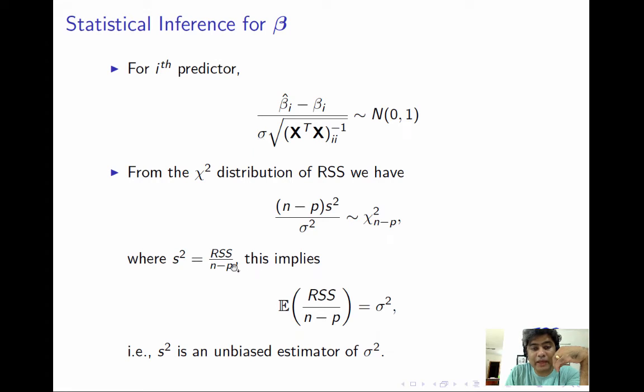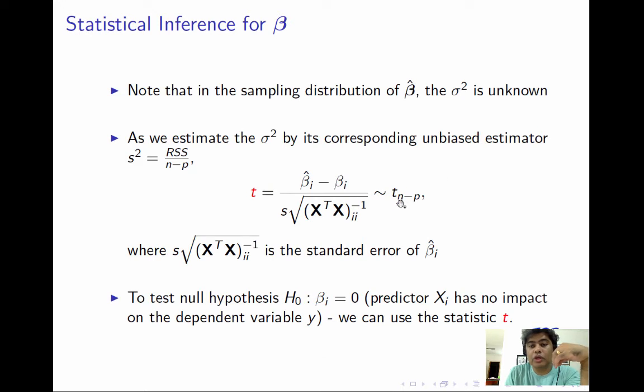If I plug in this estimator s here, it will be a student t distribution with n minus p degrees of freedom.